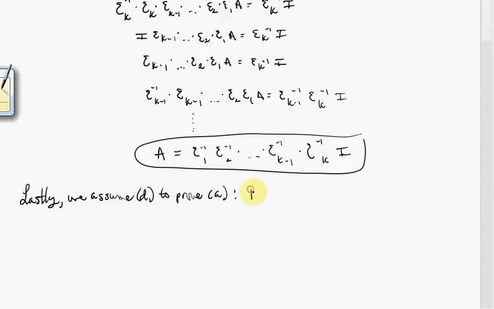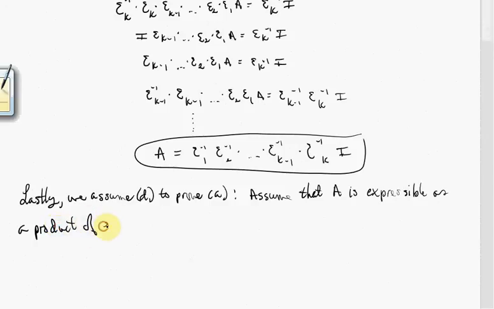So here, assume that A is expressible as a product of elementary matrices, to show that A is invertible.